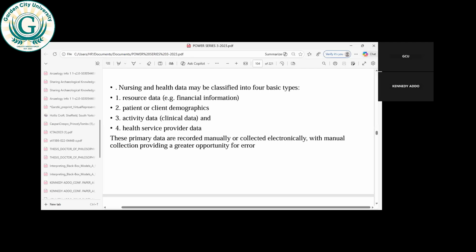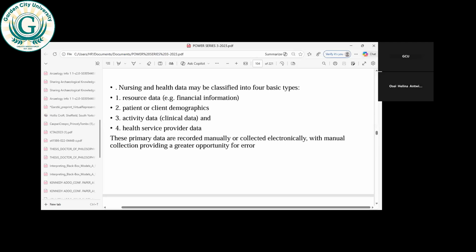For instance, we can have medical supplies. We are looking at availability, usage, and stock levels. All of them may be resource data: equipment that you have, your functionalities, your facilities, bed capacity, infrastructure, human resources. All these are peculiar to resource data. Are you getting it?